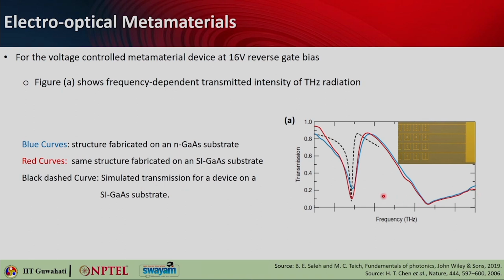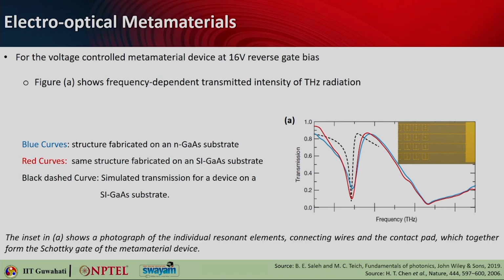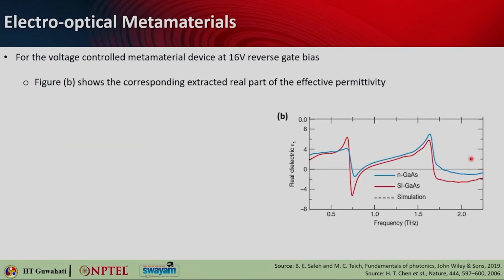But in the case of fabricated devices, the Q factor is a little lower because the peaks, or the dips that you can see here, are wider. The inset here shows the photograph of the individual resonating elements, the connecting wires and the contact pad which form the Schottky gate of this metamaterial device.